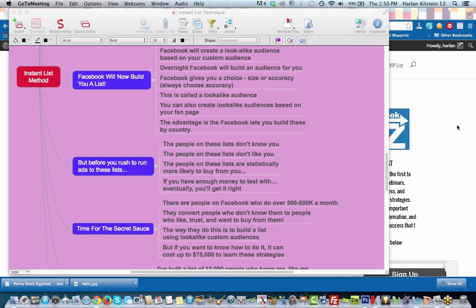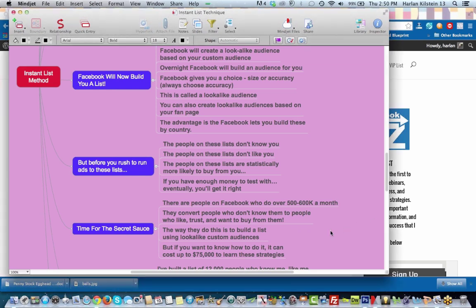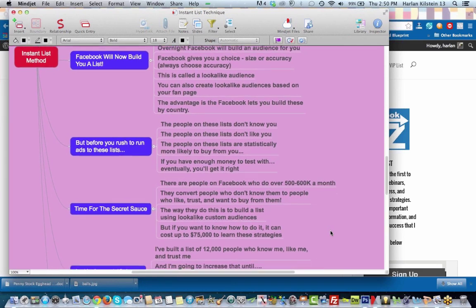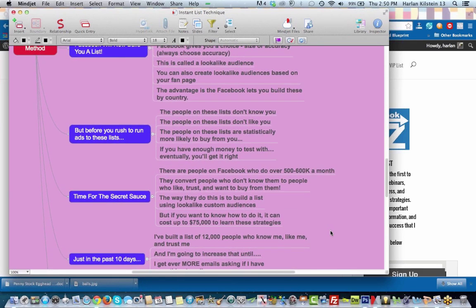What we need to do here is, first of all, recognize that just off Facebook alone, there are people who are doing 500 to 600K a month.